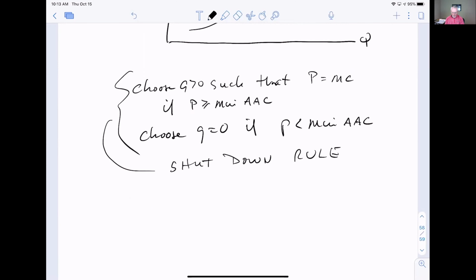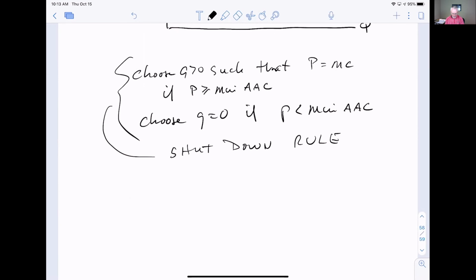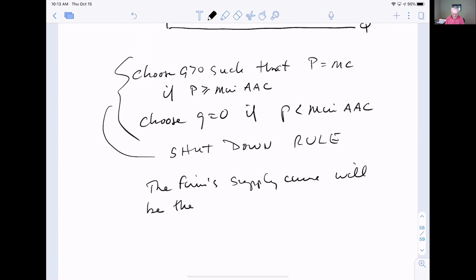So I'm going to stop here, and what I want to do next time is show the firm supply curve. It will be the same as the firm's marginal cost curve for all P at least as great as minimum average avoidable cost.